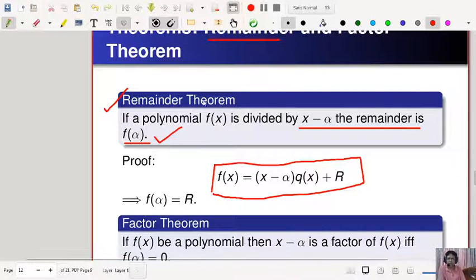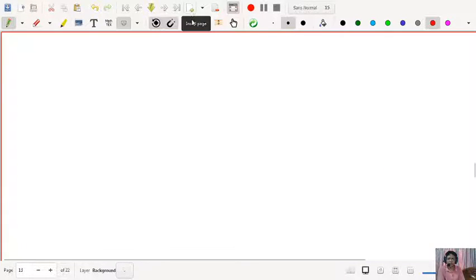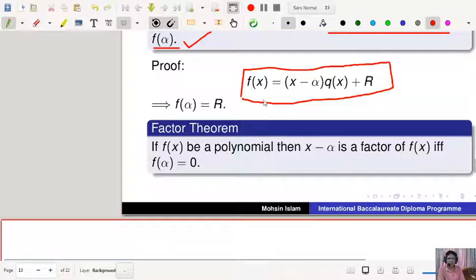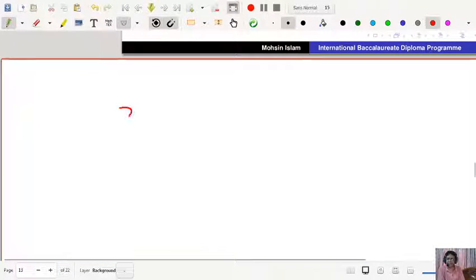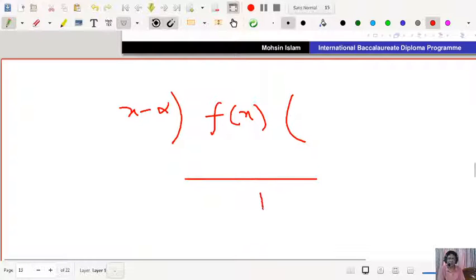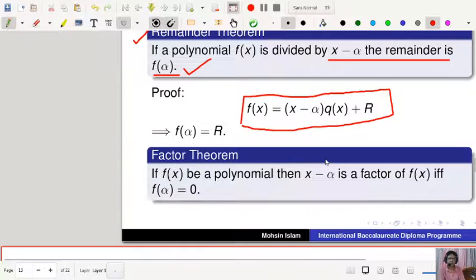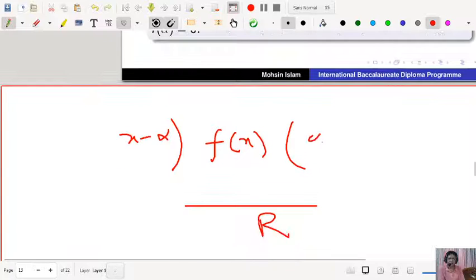Let me show you, don't worry. Let me divide f(x) by x minus alpha, and the remainder is r and the quotient is q(x).